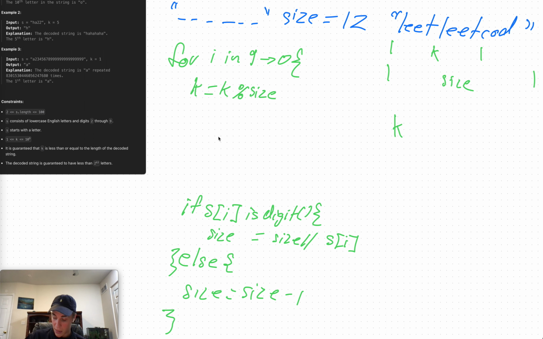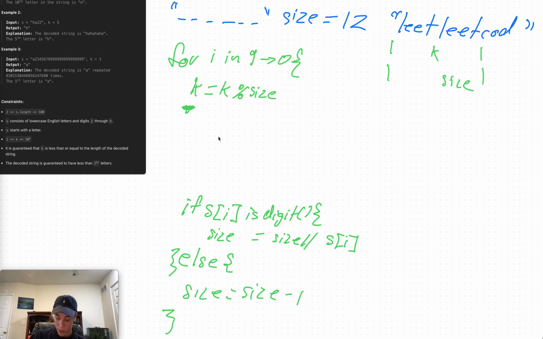In this case, k modulo size literally just equals k, because you cannot divide a smaller number by a bigger number and get a remainder other than k itself. So size is slowly shrinking, a little bit at a time, until it hits this k. At that point, k all of a sudden becomes 0.